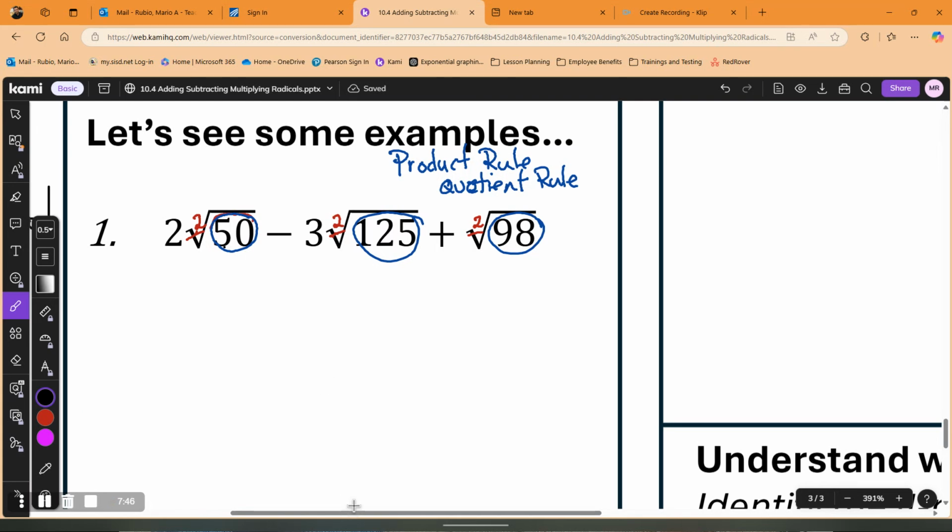So here's how we're going to get the radicands, the number underneath the radical, to look the same. First, I'm going to write an equal sign. So 2, the radical or square root. Now, instead of 50, I'm going to write the factors of 50. So the multiples, 25 times 2.